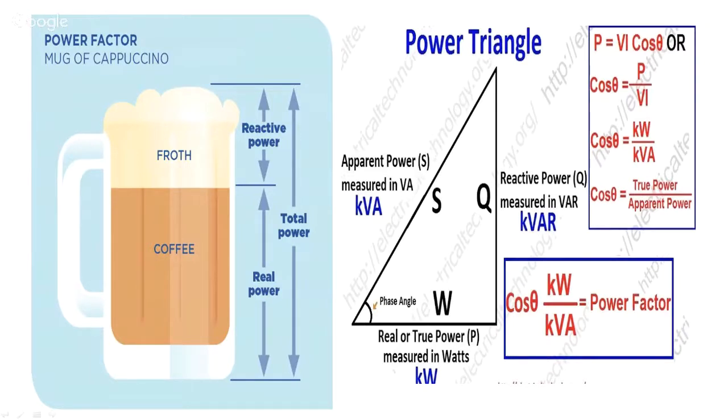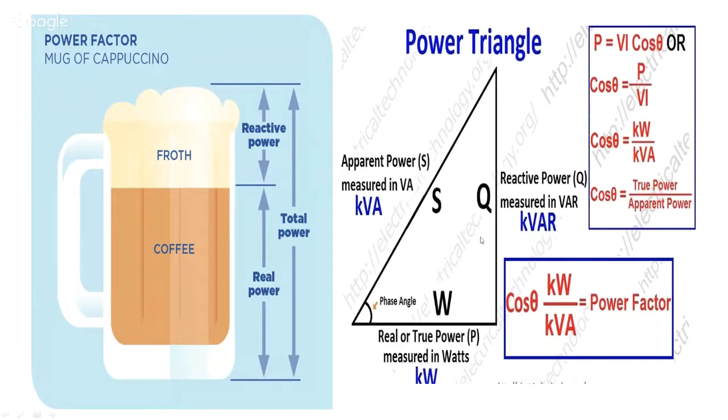Whenever we are consuming power, how much of it is useful power and how much is going to be the wasted power, that we are not going to utilize. So the power factor is always a ratio of working power divided by the total power.